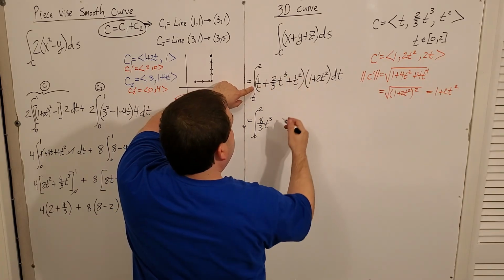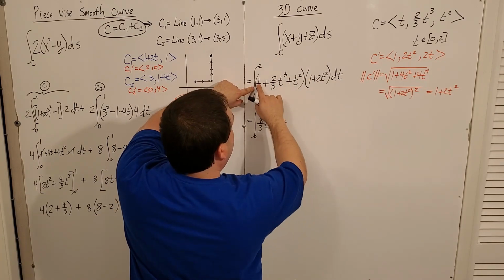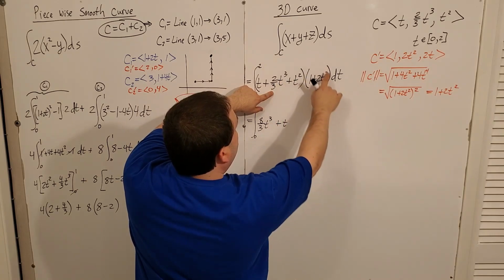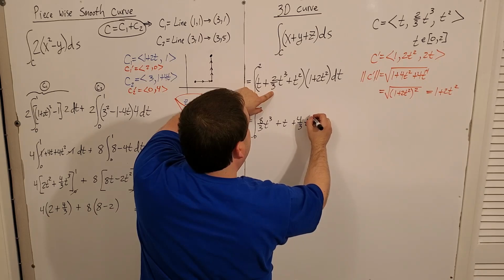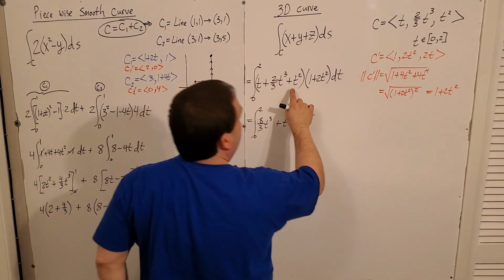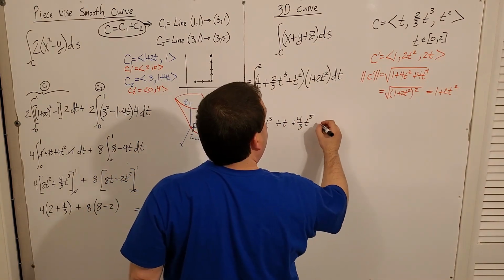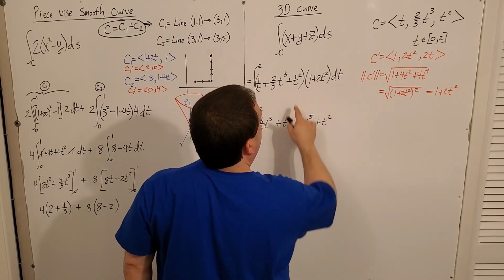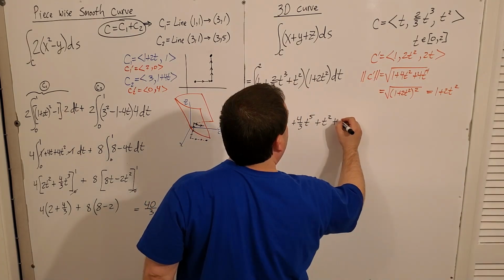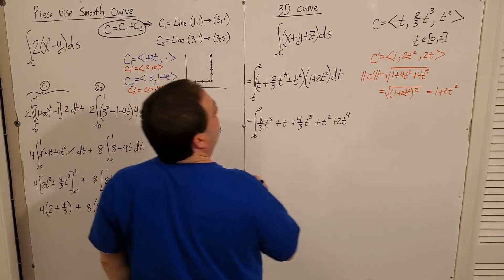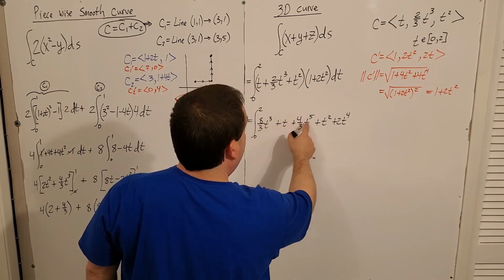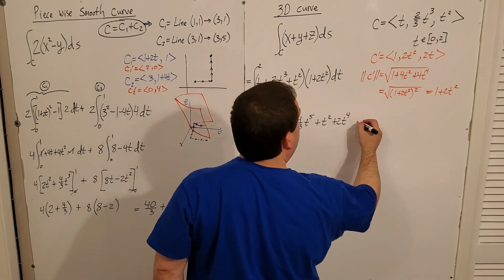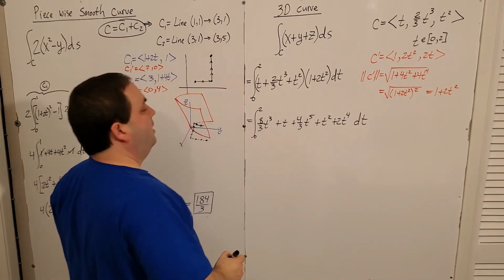I got plus t, then I've got plus 4/3 t to the 5th, plus t squared, and 2t to the 4th, right? I should have 6 total multiplications. 1, 2, 3, 4, 5, 6. Yep, dt. There they are.